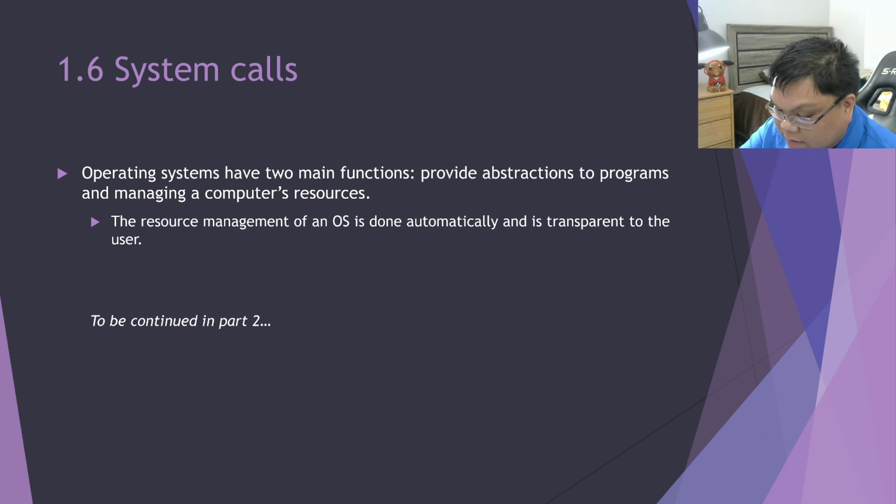So 1.6, this is page 50 of the textbook. So basically, if you want an oversimplified look into what system calls are, basically there are system calls for creating processes, killing processes, file management, opening a file, reading a file, deleting a file, and the same thing for directories.